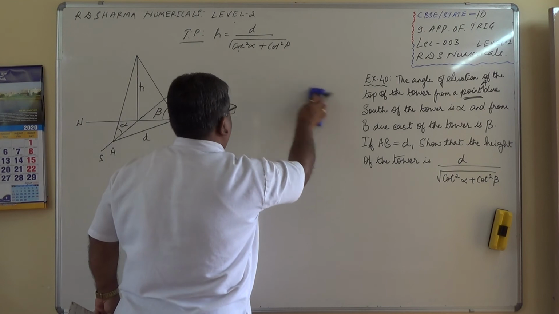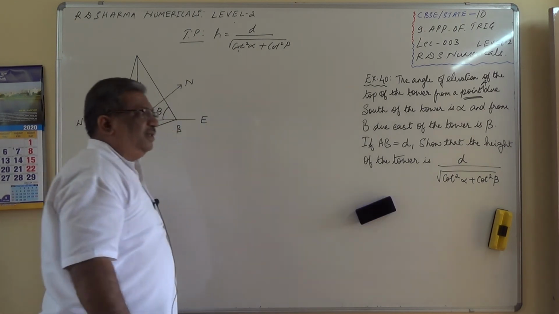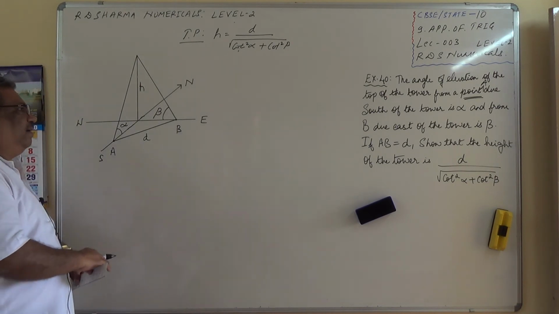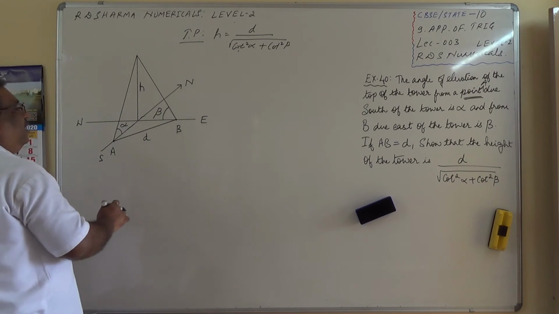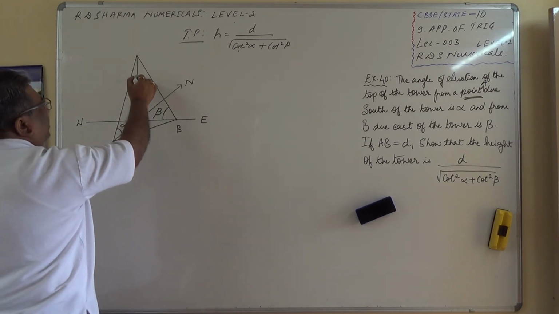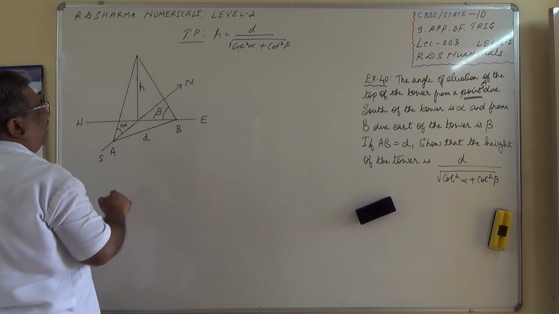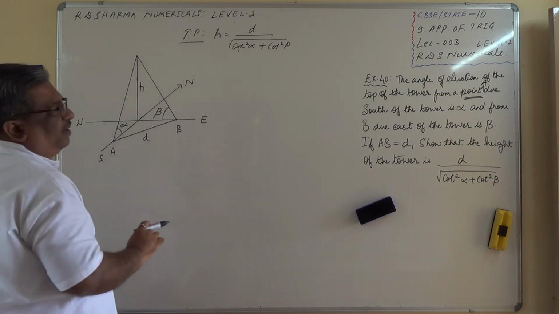Rough diagram is important to mark the points A and B and D actually. That is what I drew, that small diagram. Dear students, it is simple here. If you want to find out the height h over here, what should we do here?